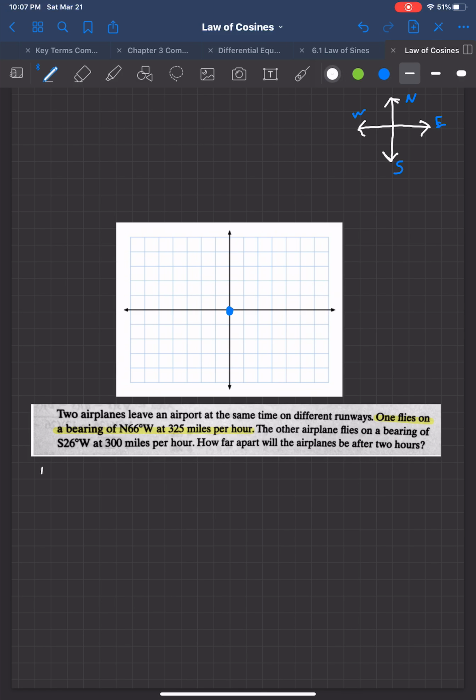So let's write. So I'm collecting information, right? So plane 1 is on a bearing of north 66 degrees west. And we actually know it's moving at 325 miles per hour. So let me see if I can draw plane 1. Ready? I'll use green, right?